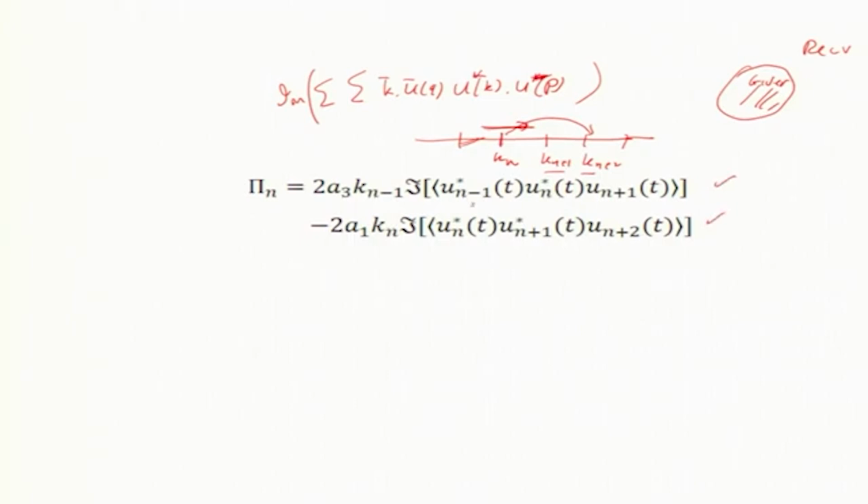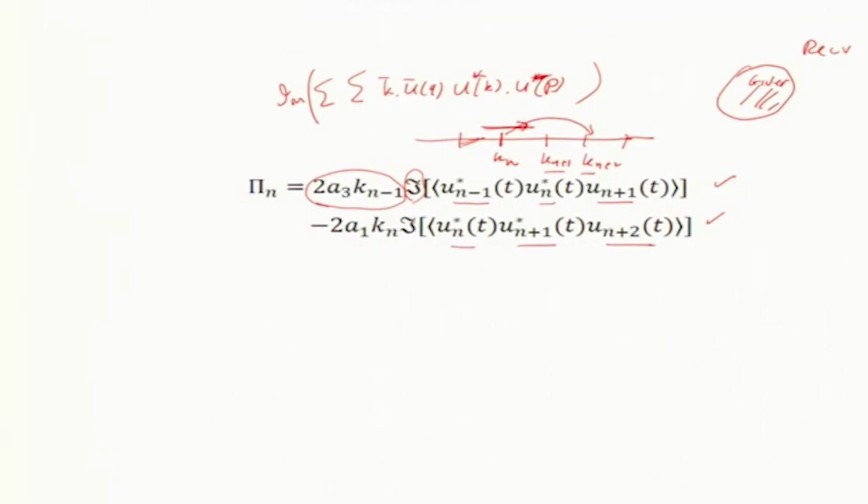The 2 terms are the interaction of n minus 1, n and n plus 1. The 2 of them are complex conjugate in the Sabra model. So, there are 3 modes interacting, n minus 1 and n plus 1, and there is a coefficient in front and there is the imaginary part. And the next term is u n plus 1, u n plus 2.